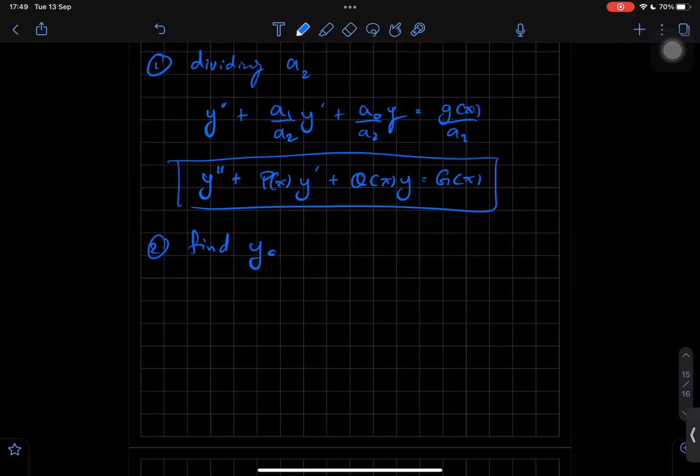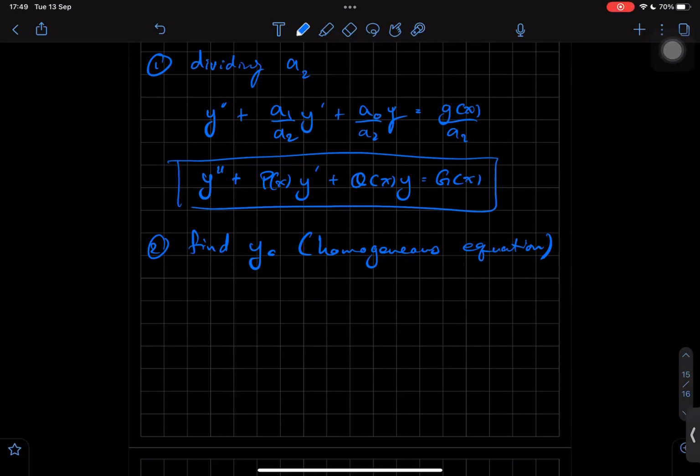So first find yc, the homogeneous equation.